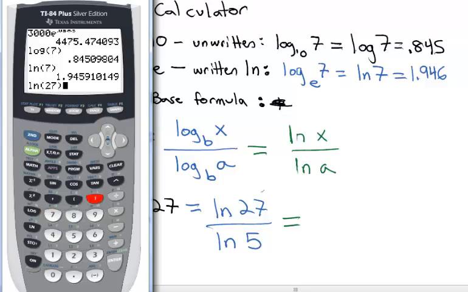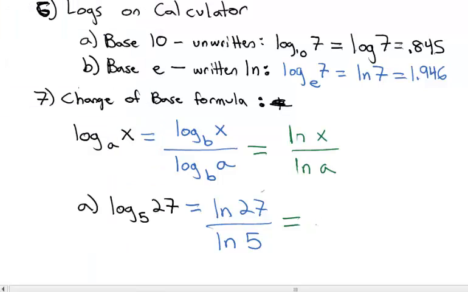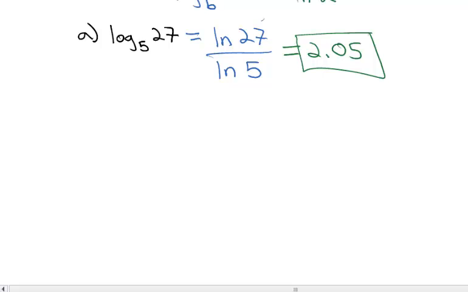Very important, you close the parentheses, divided by the natural log of 5, making sure you close parentheses when logs are done, and you should end up with about 2.05. And if you did 5 to the 2.05 on your calculator, you would end up with approximately 27. So that's how we do them now on calculators with the change of base formula.